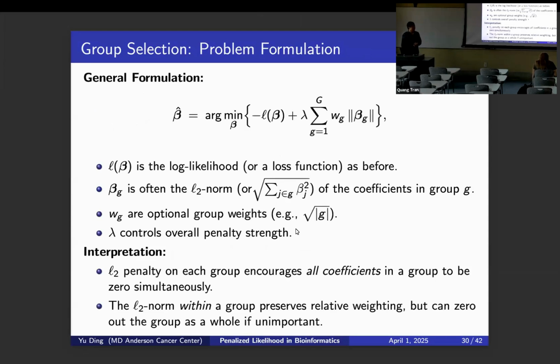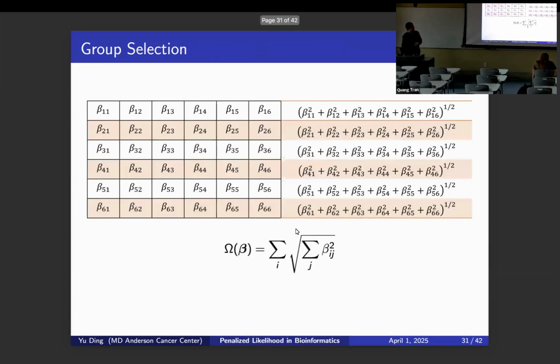Okay, a quite well formulated answer to group selection is the so-called L21 norm. In this case, I give an example with 36 different parameters from beta 11 to beta 66.